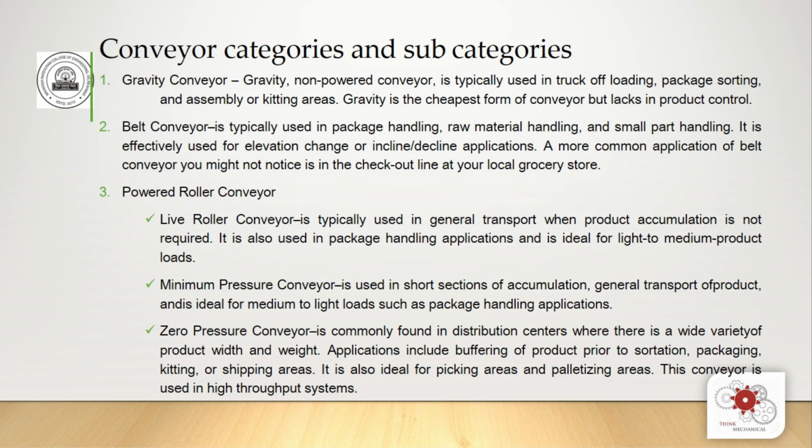Then next is belt conveyor, which is typically used in package handling, raw material handling, small part handling. It is effectively used for elevation change or incline or decline applications.